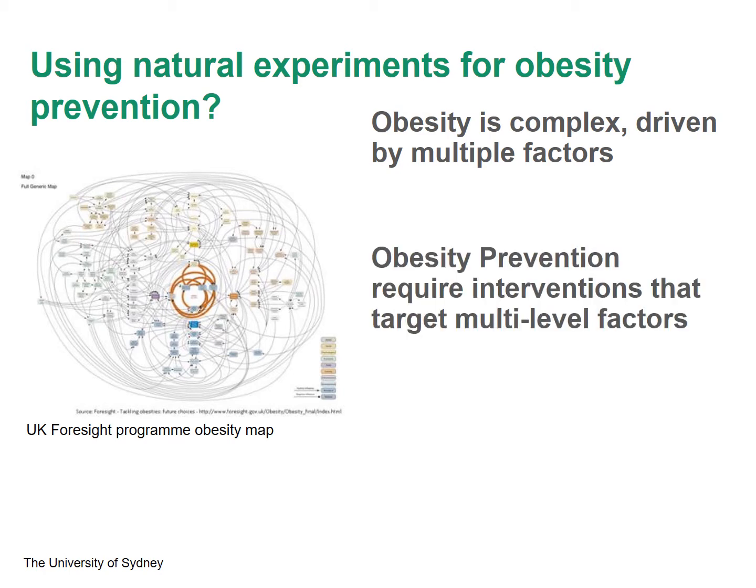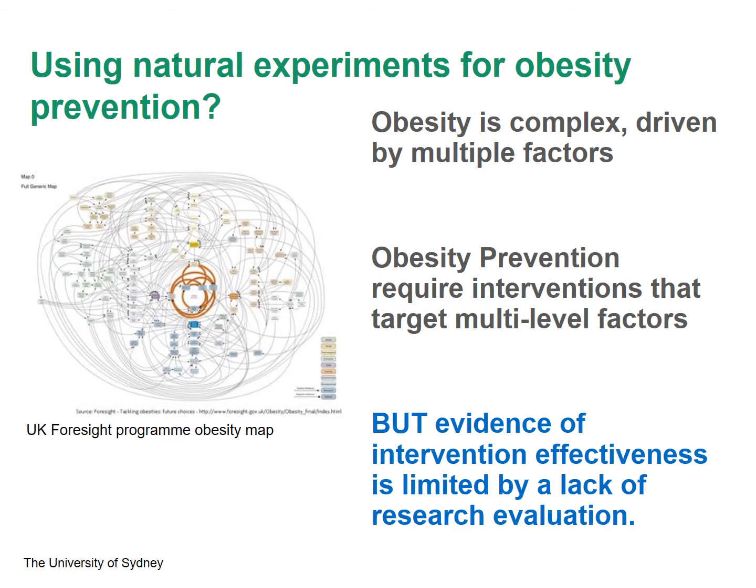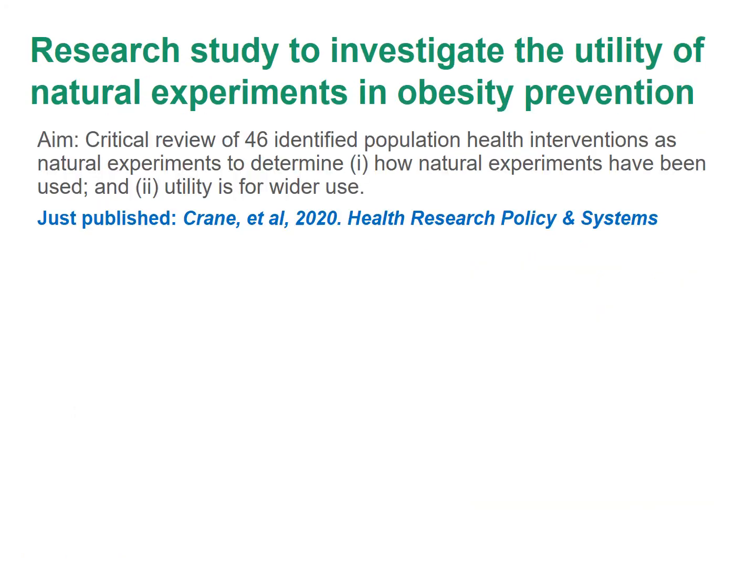Prevention requires interventions that target multi-level systemic factors, such as taxation, restrictions on unhealthy food, and healthy food availability, as well as changes to the built environment. But evidence of the effectiveness of such interventions is lacking, so we're limited by a real lack of evaluation evidence.